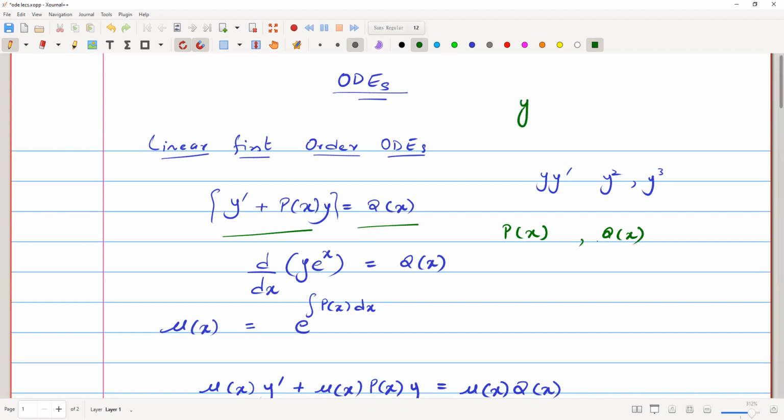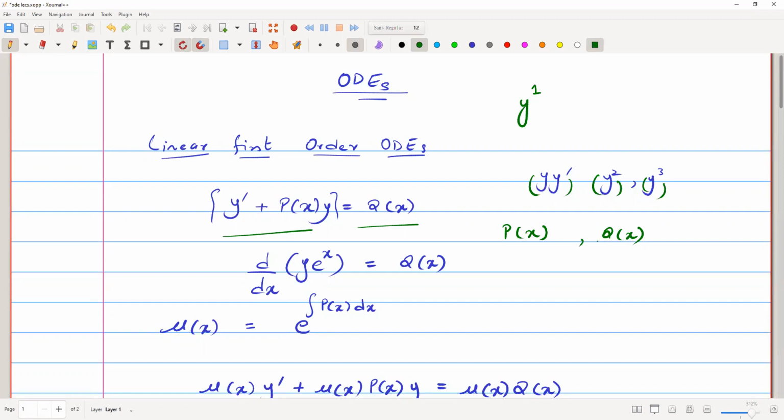By linear, we mean that the power of y is 1, right? The power of the dependent variable should not exceed 1 in the case of linear equations, and there should not be a term like y times y prime or y squared or y cubed, right?